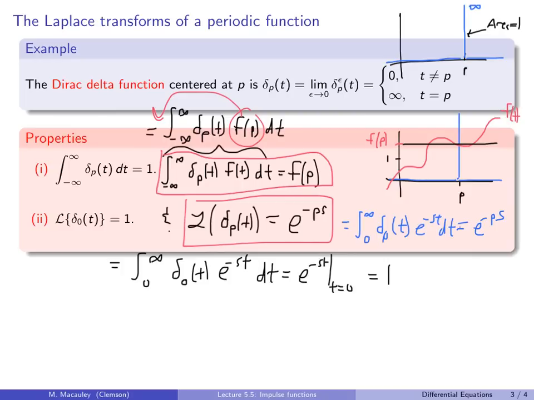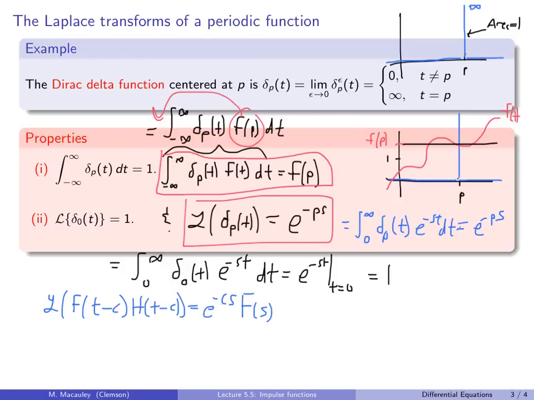Another way to see why it's true is because, remember this always useful formula, the Laplace transform of f of t minus c times h of t minus c equals e to the minus c times s times F of s.